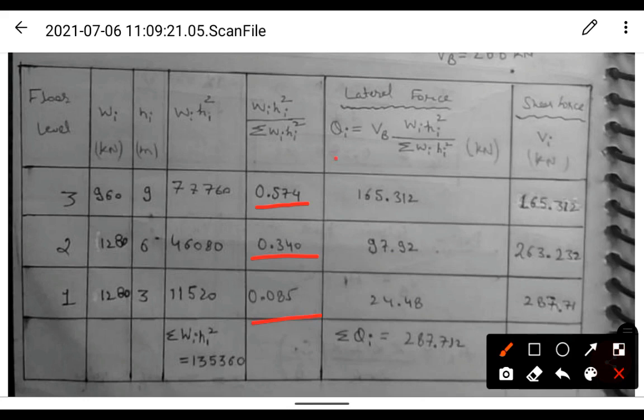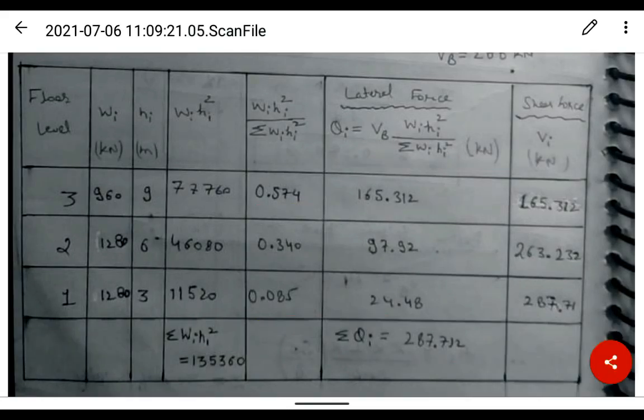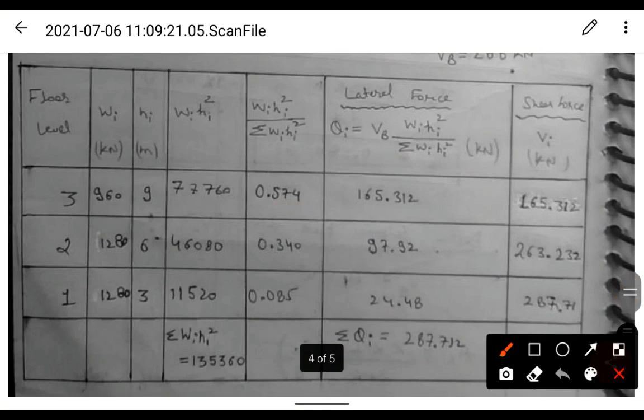This is the formula which we are going to apply now for different floors. After applying this formula, these are the values which are obtained, and after that we are going to add all the values of Qi. We are going to use the approach like cumulative frequency.